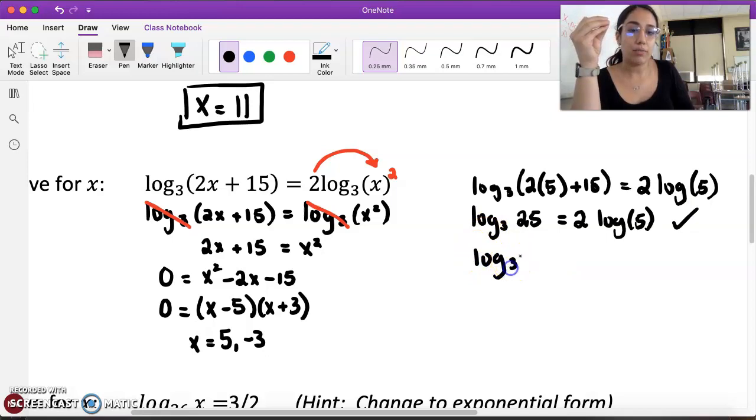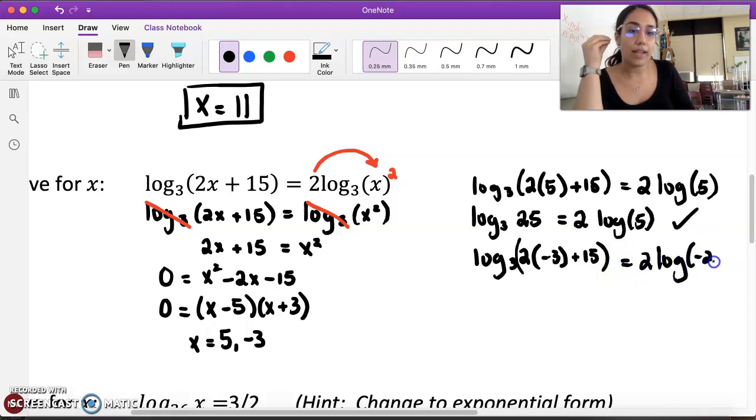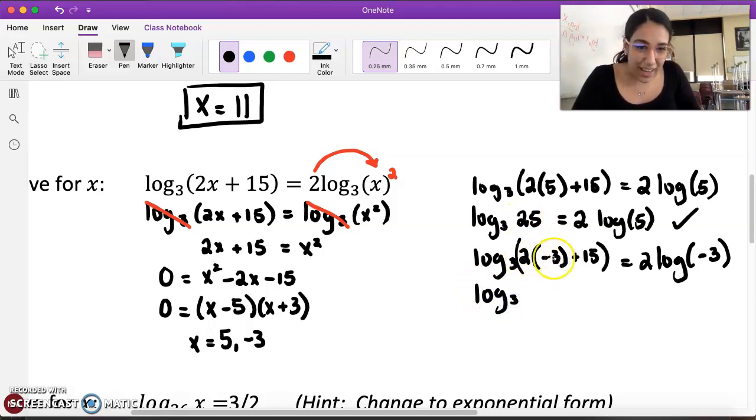So log base 3 of 2 times negative 3 plus 15 equals 2 log of negative 3. And so you get log base 3 of negative 6 plus 15, which is 9, equals exactly this, right? 2 log of negative 3.